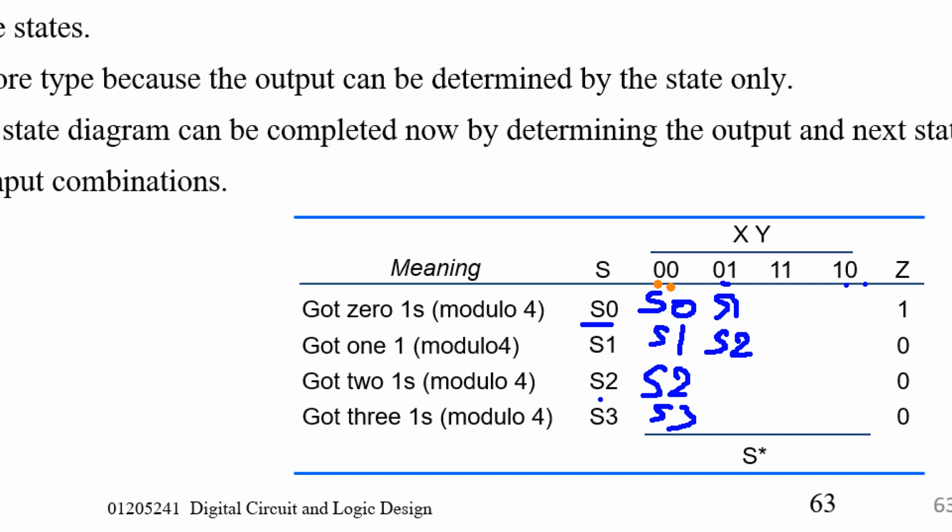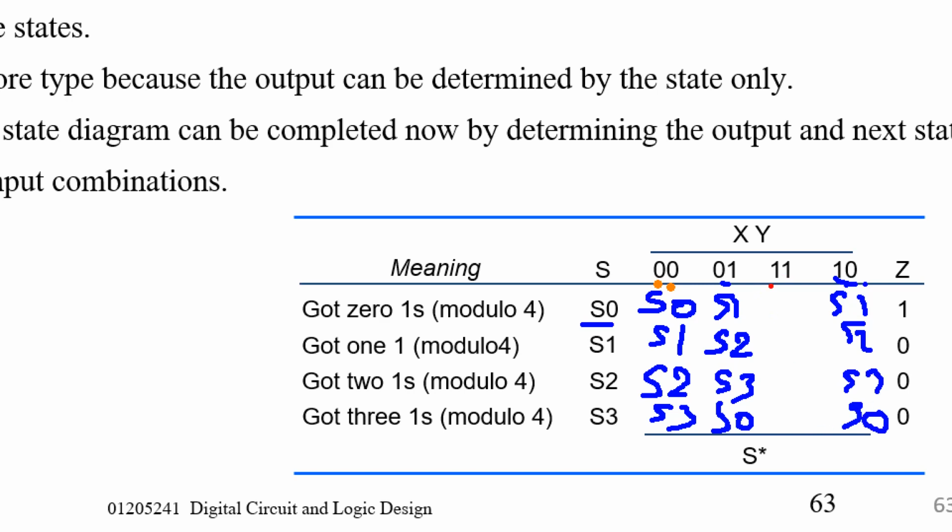If the current state is S2, when input is 0,1, the next state will be S3. And if the current state is S3, when input is 0,1, the next state should be S0. This one also: S1, S2, S3, and S0.